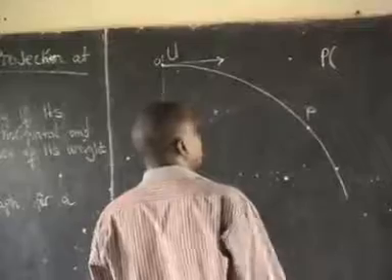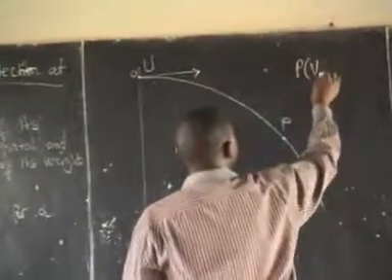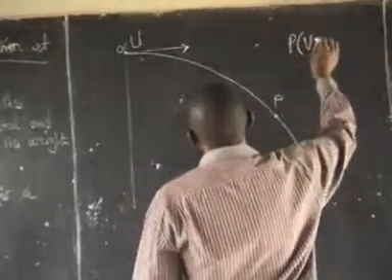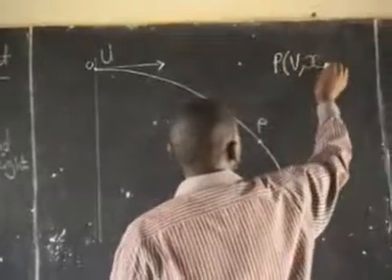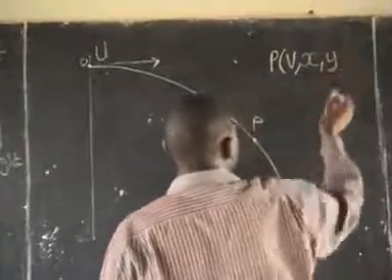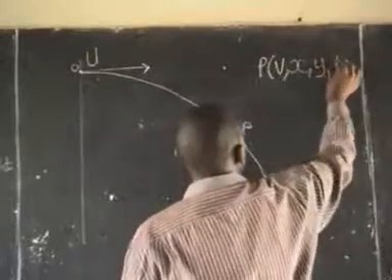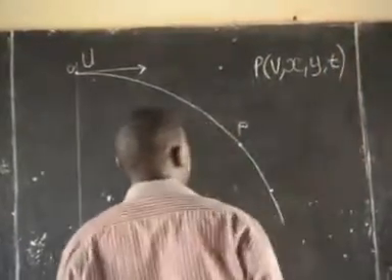we shall be looking at its velocity v, its displacement from the horizontal and vertical, and also we are going to look at the time t taken.